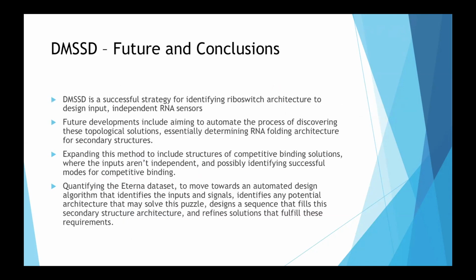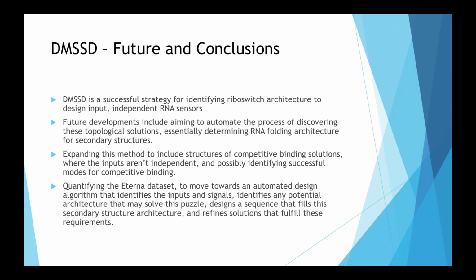And yeah, so future and conclusions of DMSSD: a successful strategy for identifying riboswitch architecture, to design input independent RNA sensors. Future developments include automating this process. For all the strategies, I had to essentially sit down with a piece of paper and start connecting domains in order to see, how does this base pair, this helix here, does it break?